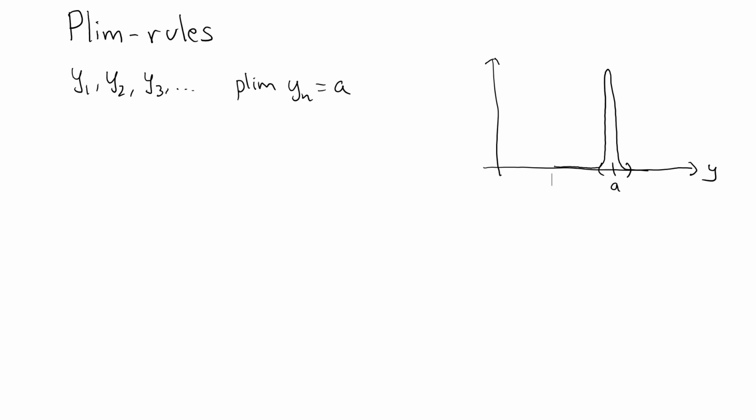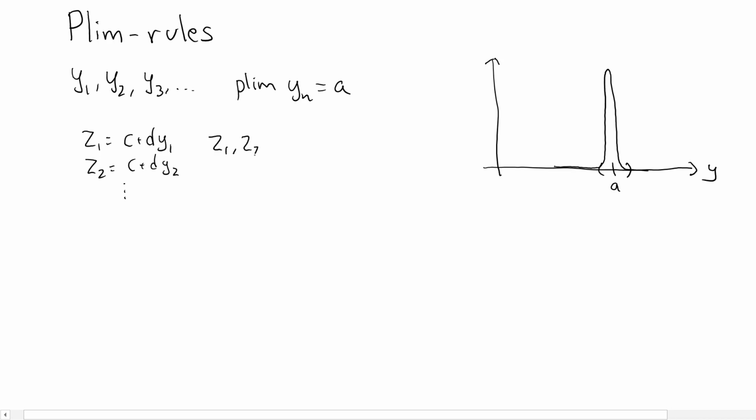If we start with a linear function such that z1 is some constant c plus d y1, z2 is c plus d y2, and so on, then we will have a new sequence of random variables. And an interesting question is then, what's the plim of this new sequence? Without using the z notation, we are simply asking for the probability limit of c plus d yn.